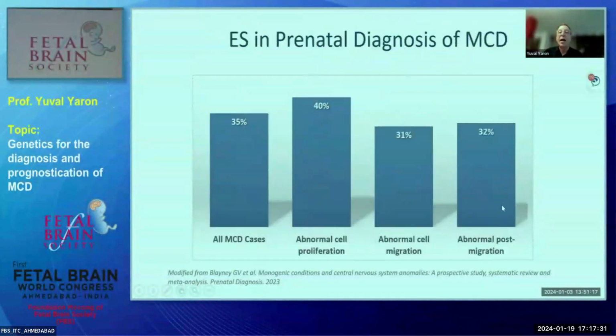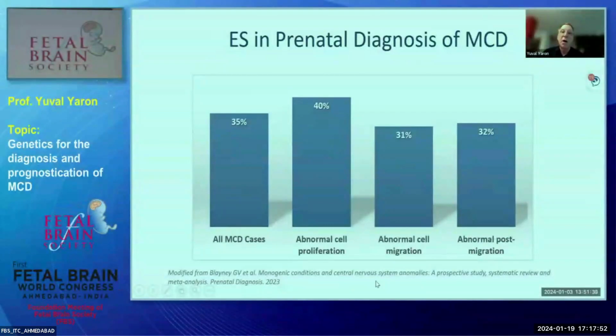Then if we look at the detection rate for malformation of cortical development, for all of them it was 35%. But if we look at the cases with genes that cause abnormal cell proliferation, the detection rate is even higher. So again, this is the way to go forward.